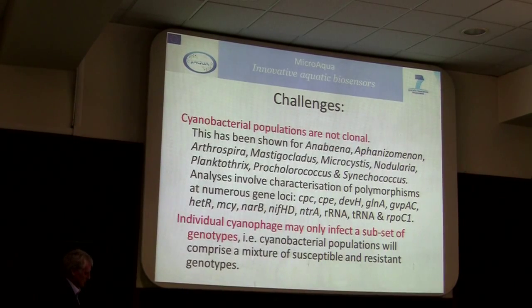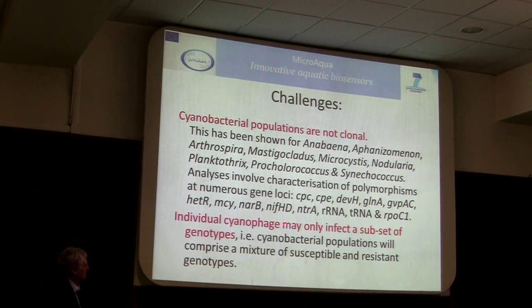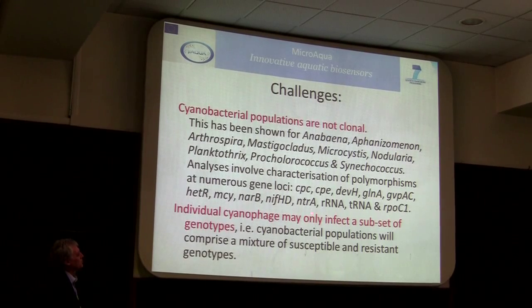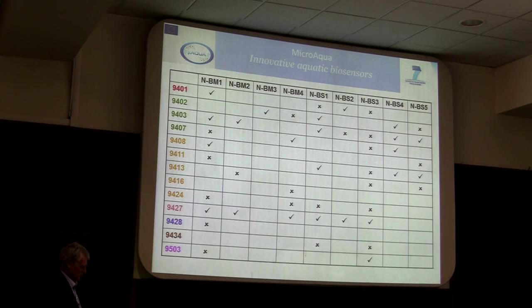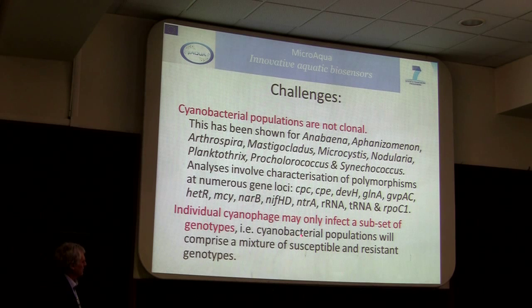Well, it's important because individual cyanophage almost always only infect a subset of the genotypes within a particular cyanobacterial species. So any one of those individual populations within the water column in space or time will comprise a mixture of susceptible and resistant genotypes.